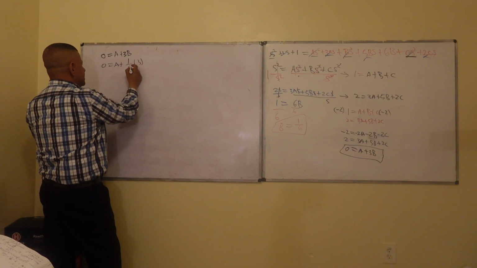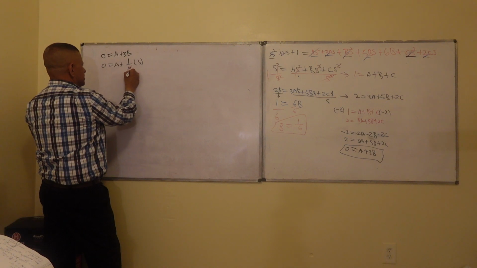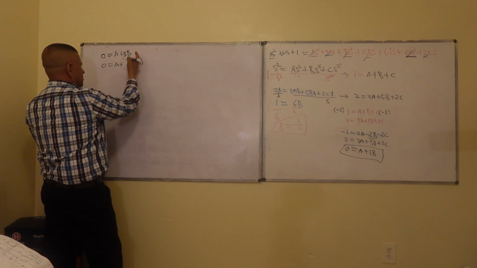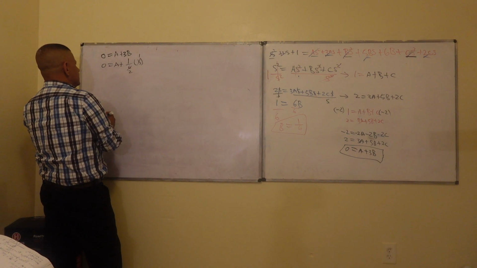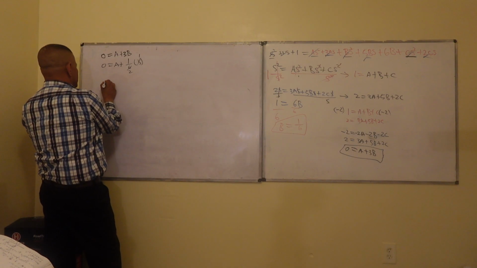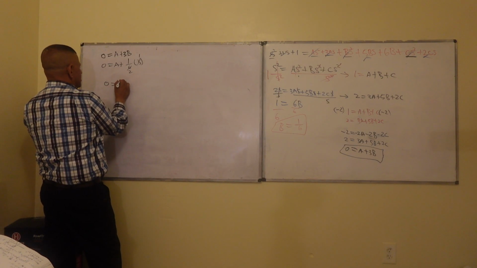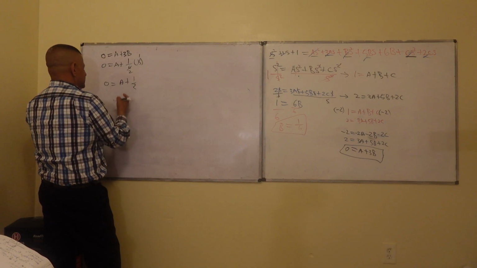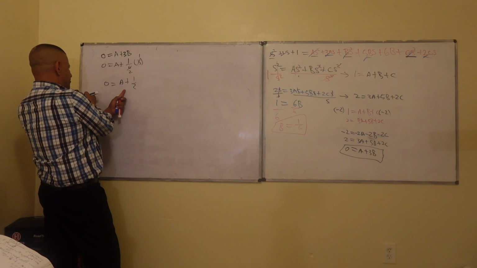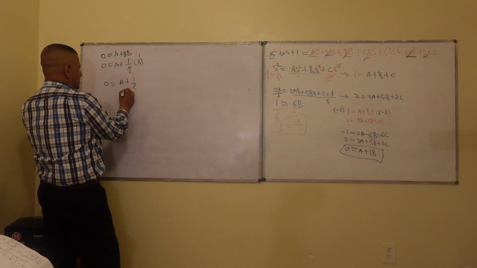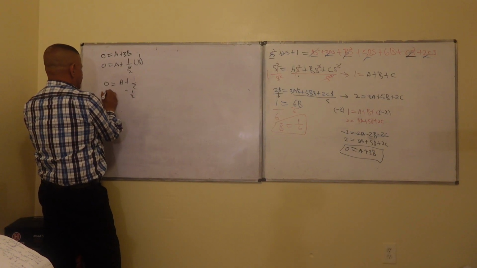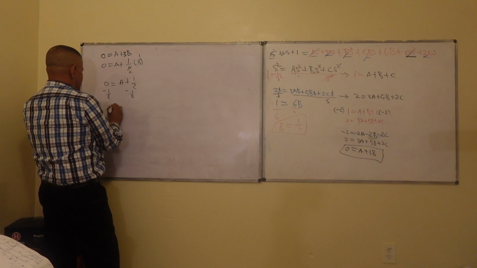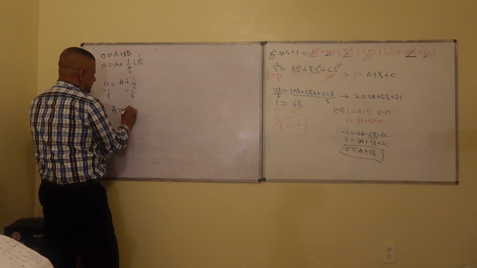So now this is 1/2. So 0 is equal to A plus 1/2. And A is equal to nothing but -1/2.